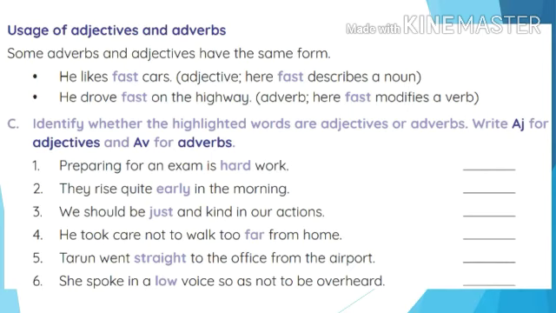Identify whether the highlighted words are adjectives or adverbs. Write AJ for adjectives and AV for adverbs. First one: preparing for an exam is hard work. Here hard is an adjective.